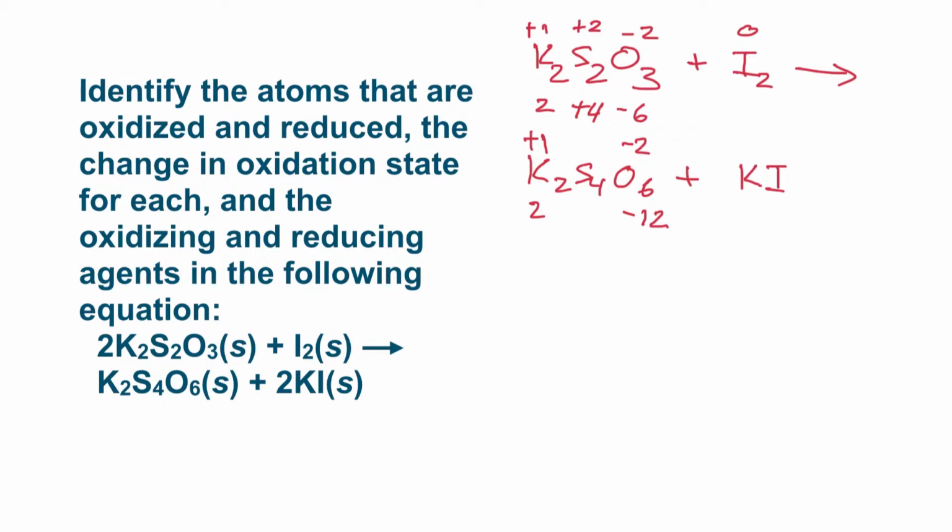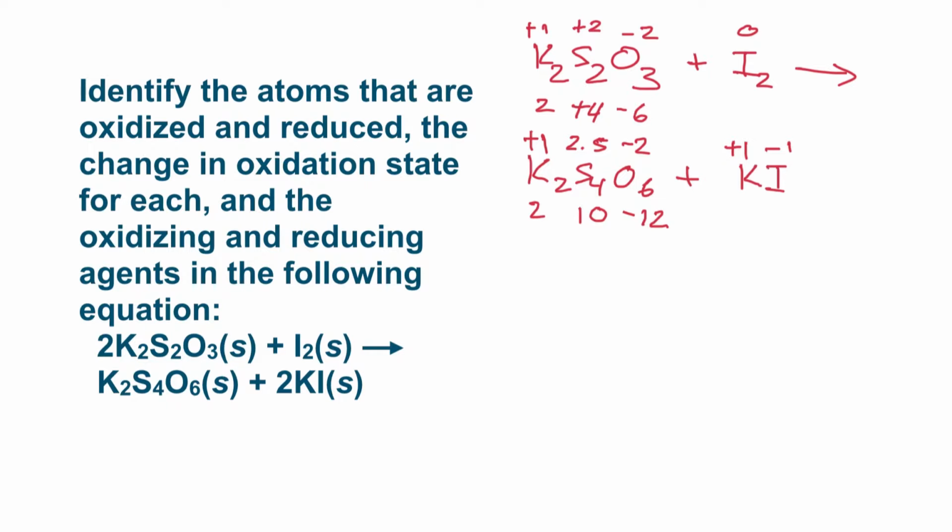So this is going to add up to -10, which means that the sulfurs are going to have to add up to +10. Since I have 4 of them, each of these is going to be 2.5. Now if I look at the potassium iodide, this is going to be +1 for potassium, -1 for iodine.